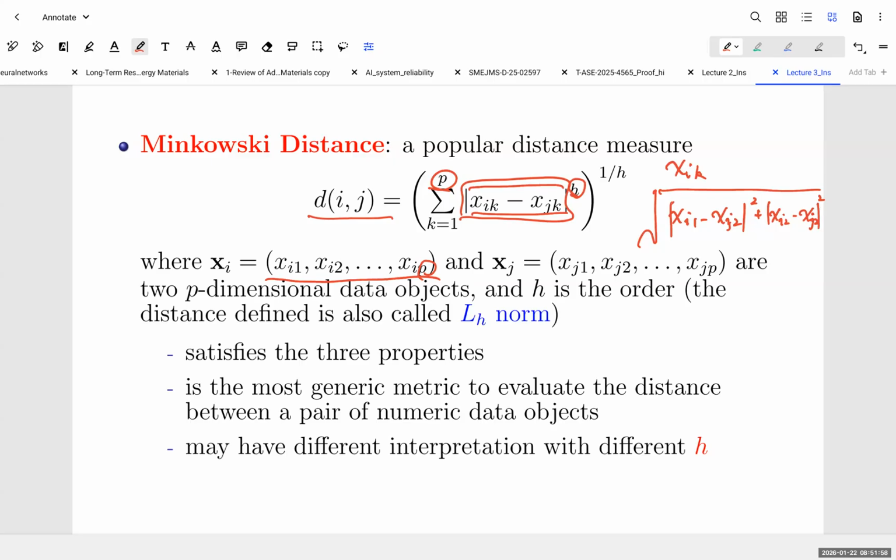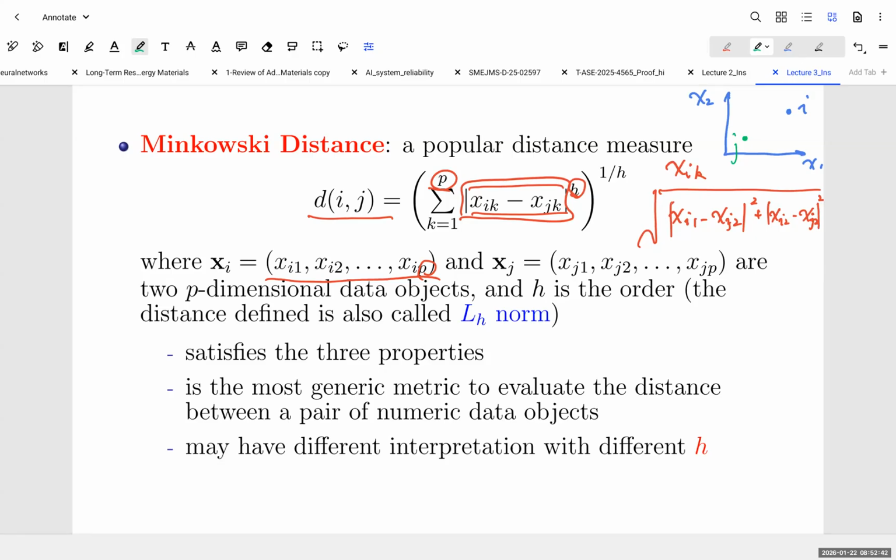What is this? If we have x1 as one dimension, x2 as another dimension. So this is a data object i. This is another data object j. What is this Minkowski distance when h is equal to 2, or we call it L2 norm? What is this?